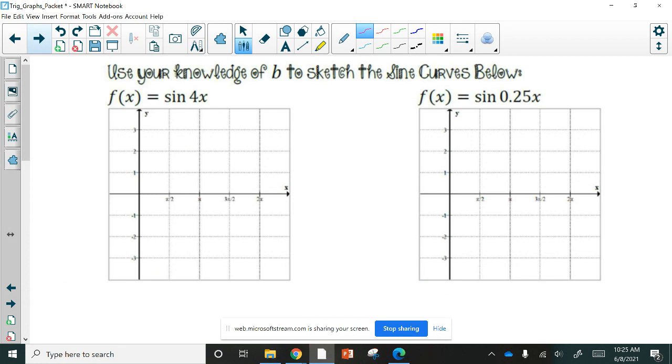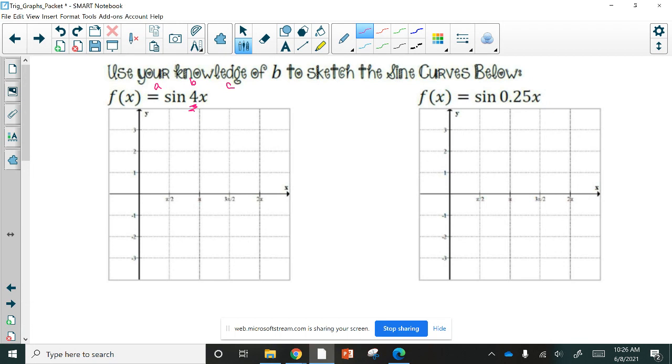Okay, f of x equals sine 4x. A, B, C. We don't have an A here, which means A is 1. We do have a B, which means we have to adjust our period. Again, B tells us 2 things.